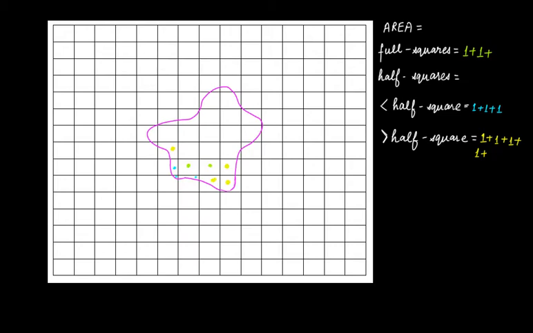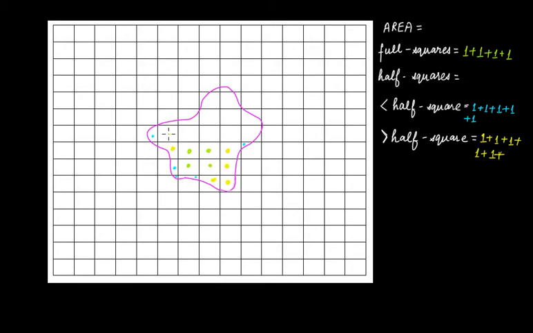This is full, this is full, so 1 plus 1. It's more than half, this one, plus 1. Then this is less than half, right? So plus 1. It's again less than half, so plus 1.